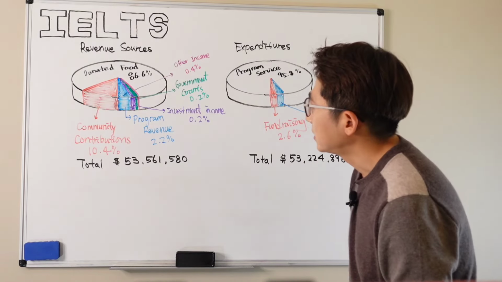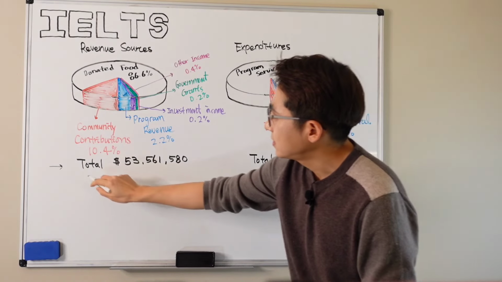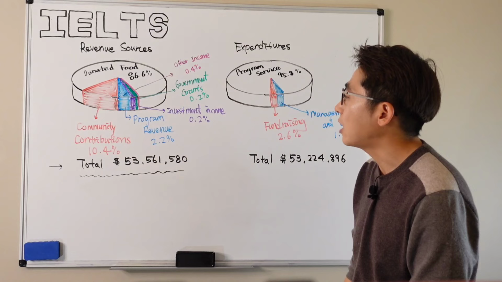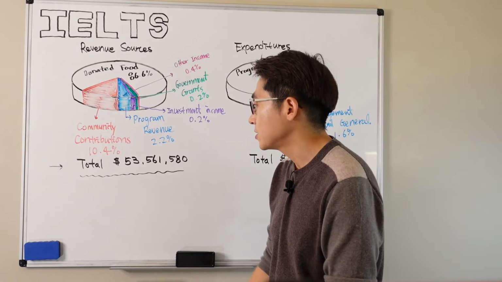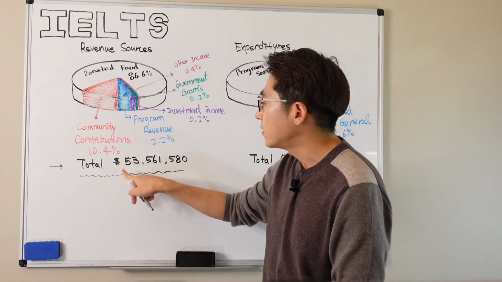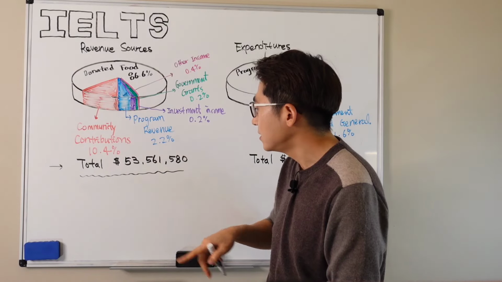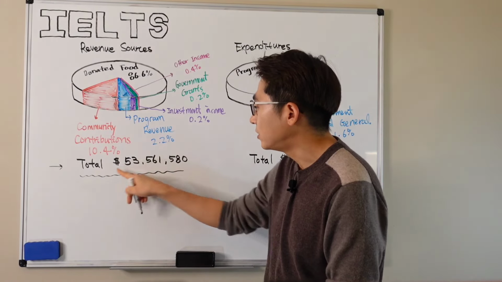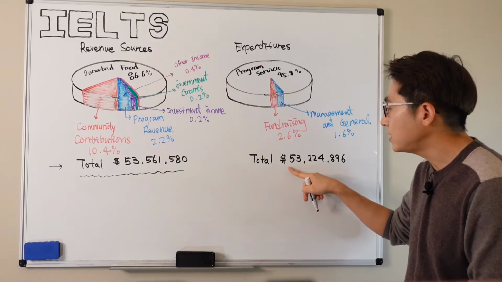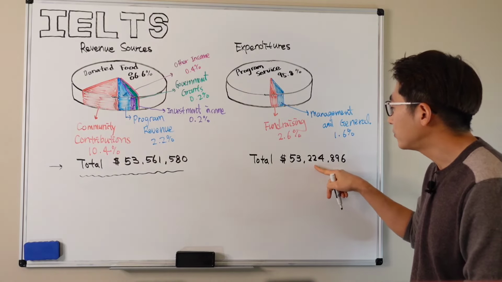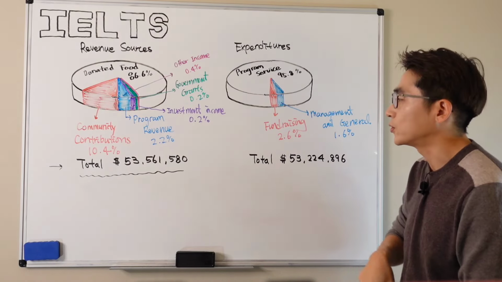Okay, and this part is super important because this talks about how much money they earned over the year 2016. So the total money they earned is $53,561,580, and the total money they spent was $53,224,896 in total.